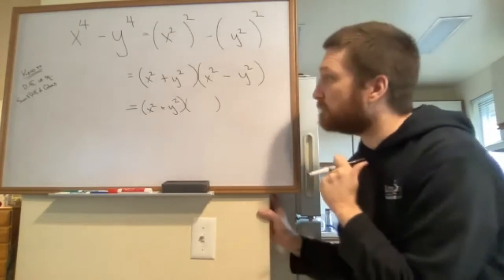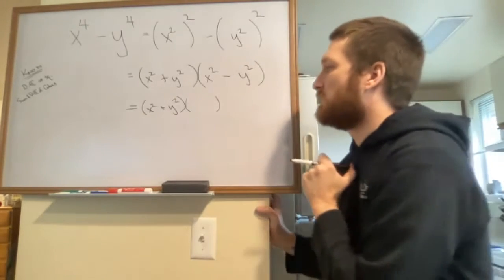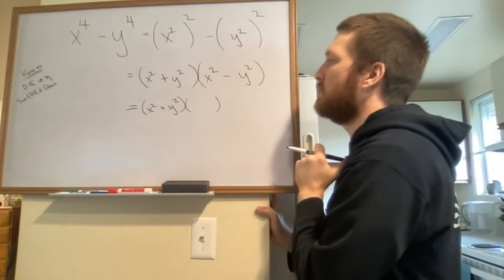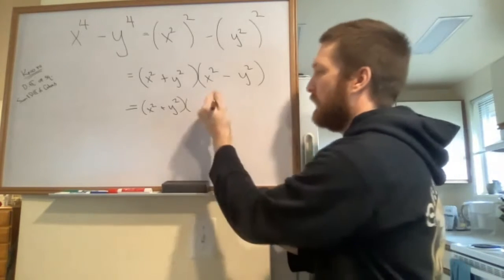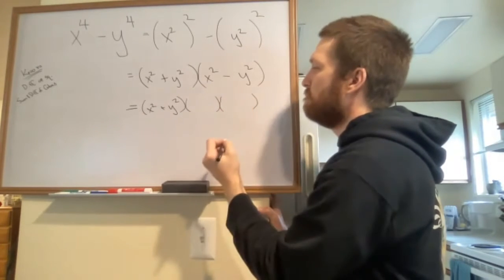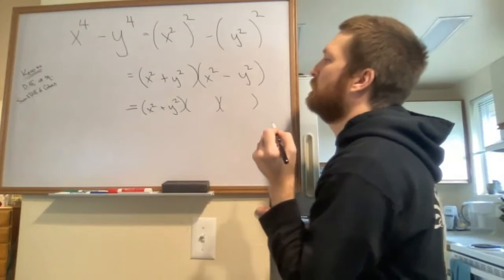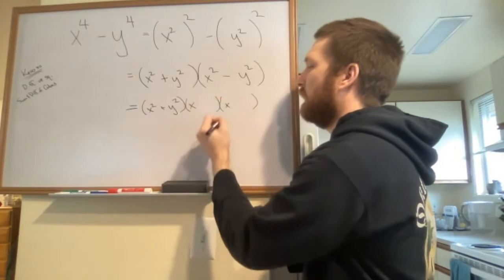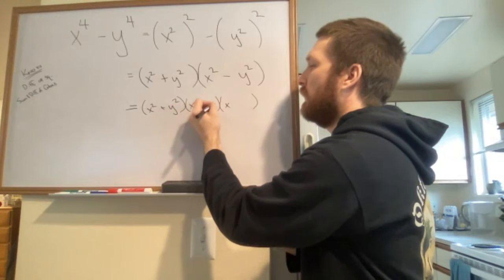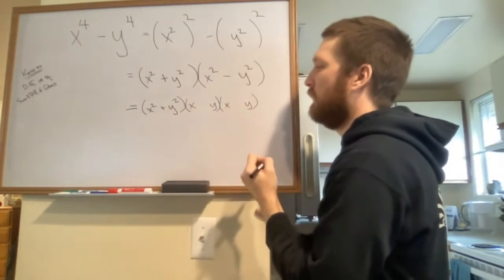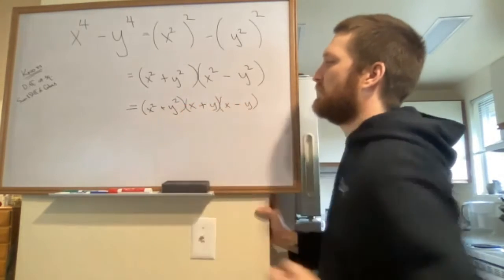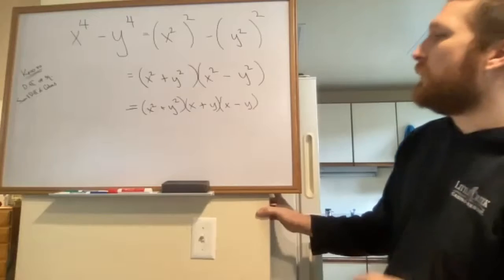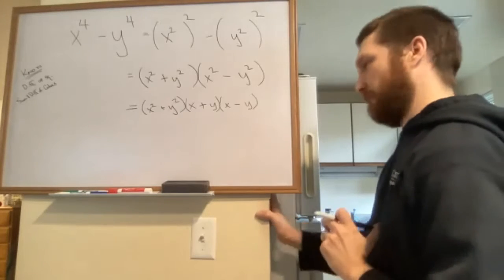Square root. You can have your two parentheses. You do the x on the first side and on the second side, and then you have your y's. And you have a plus and a minus. Now are we factored completely?